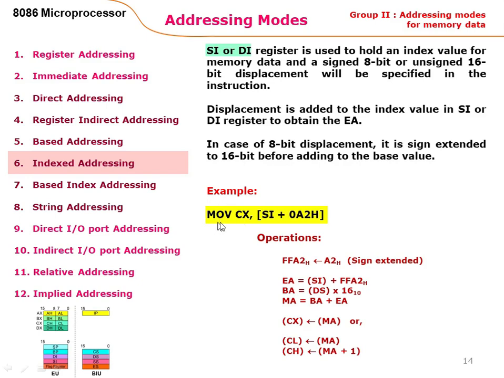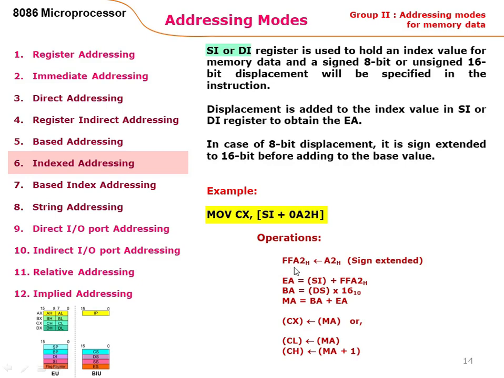See the example, MOV CX, [SI + 0A2H]. So SI holds the index value and 0A2H is the displacement. We have to convert this A2 by sign extension to 16 bits.